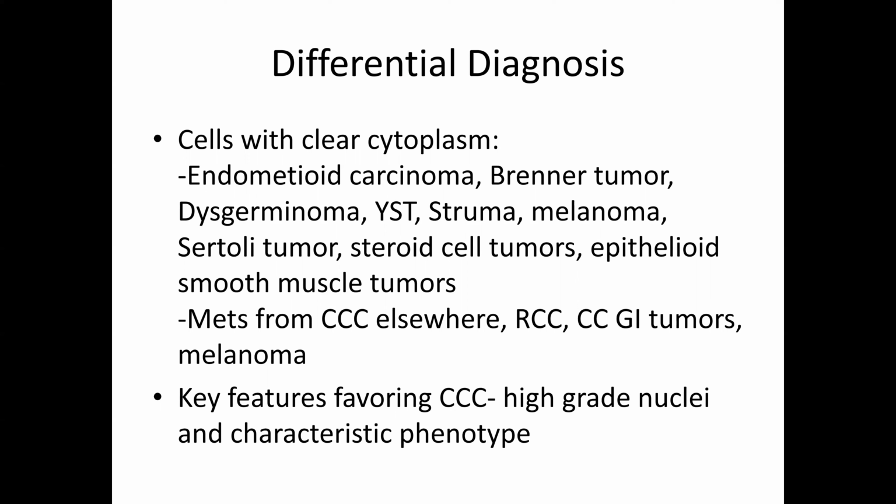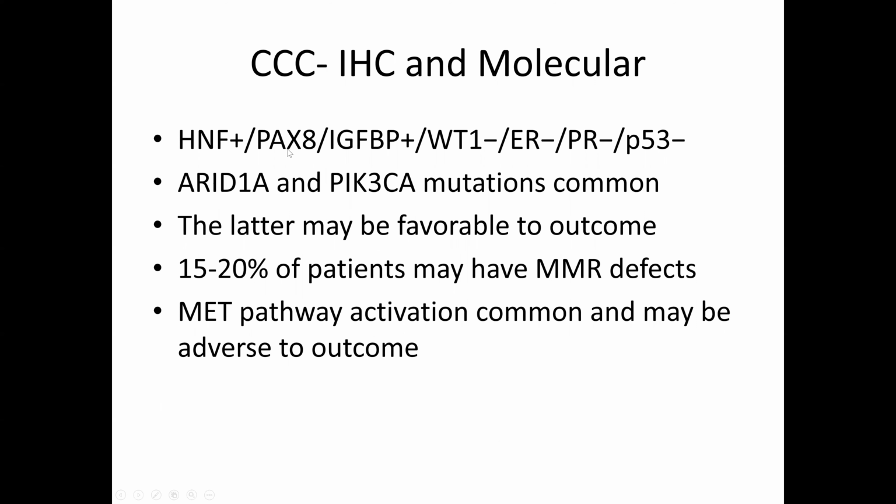And then, of course, metastatic clear cell tumors from other locations like the kidney or the GI tract and so forth. But the key features we want to think about are high-grade nuclei and this characteristic phenotype. Again, going back, and this is where immunohistochemistry can be very useful. We use the NAPSIN A a great deal and use these other differential markers when we need to do that.